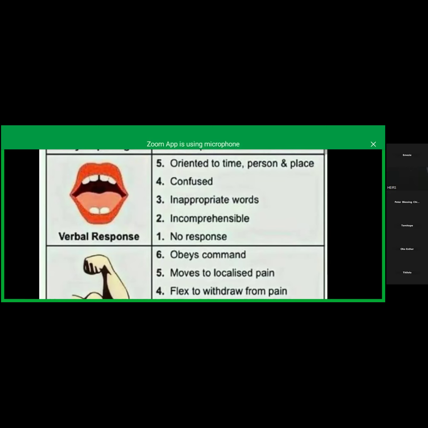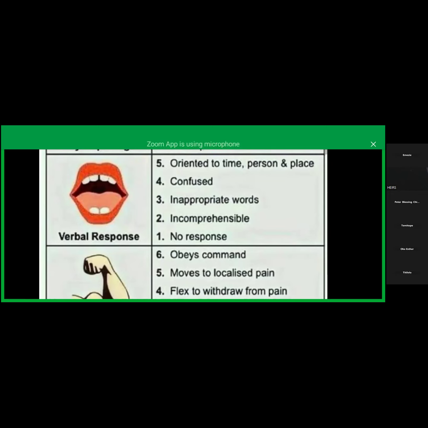What if we go in, we greet Mr. Paul, we say, Mr. Paul, how are you? And Mr. Paul just says a word. Mr. Paul, where are you at? Do you know where you are? Mr. Paul just says a word that is not related to what we are asking him. Mr. Paul, what did you eat this morning? Mr. Paul says, market.